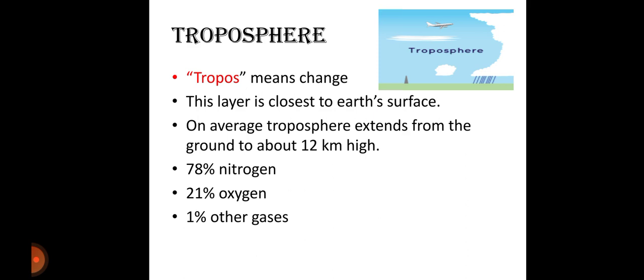In this layer, air is made up of approximately 78% nitrogen, 21% oxygen, and 1% argon with small amount of other gases including water vapors and carbon dioxide. Example is hot air balloons fly within the troposphere.